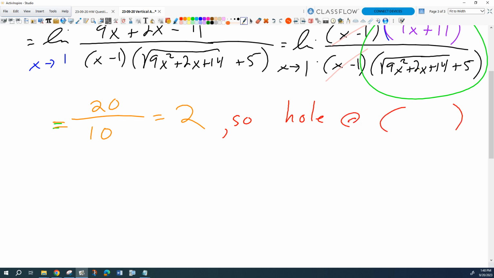Let's see, x was approaching 1, and the value of the limit was 2. So we had a hole at the point 1, 2. All right.